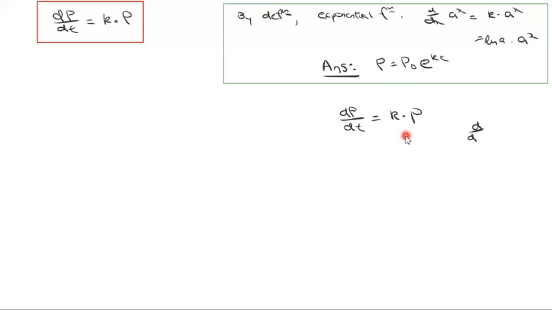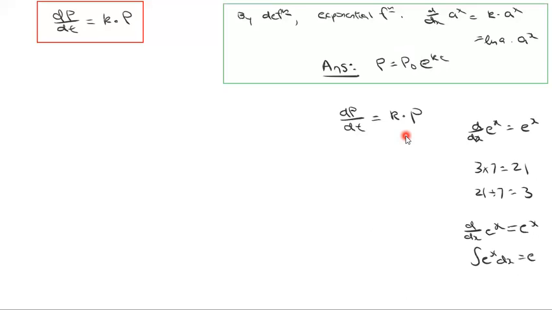Okay. So basically, because the derivative of e to the x is e to the x, then going backwards, it's like 3 times 7 is 21, so 21 divided by 7 is 3. Similarly, if the derivative of e to the x is e to the x, then the integral of the right-hand side, which is e to the x dx, must equal the left-hand side, e to the x plus c.